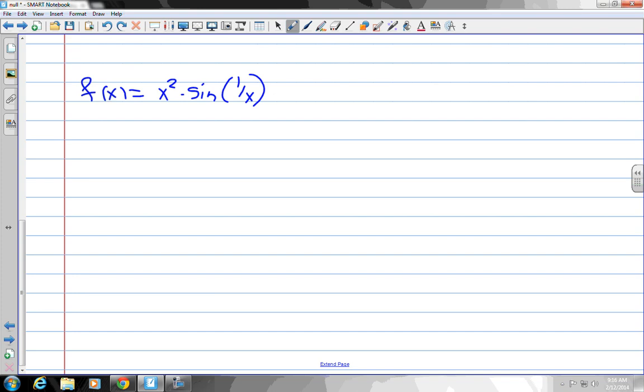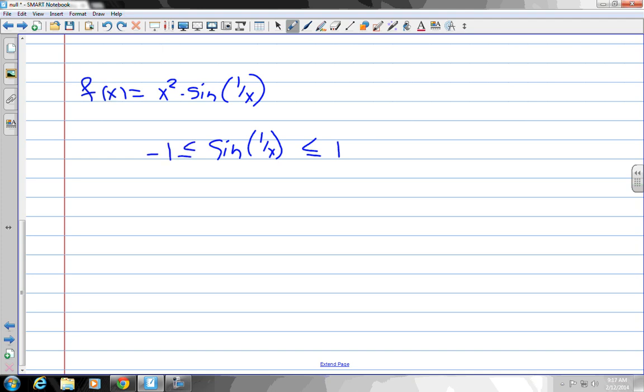again, I just want to play with what the graph of this thing is going to look like. But again, I'm going to start with the same argument that no matter what x is, sine is between negative 1 and 1. It might be undefined when x equals 0, but I don't care about that for now. All I know is that regardless of what x is, sine of 1 over x is still between negative 1 and 1.